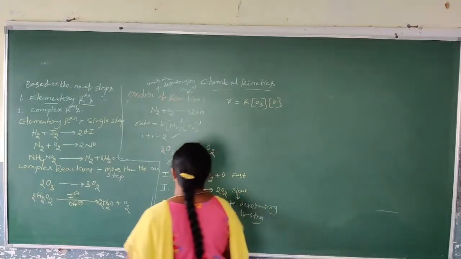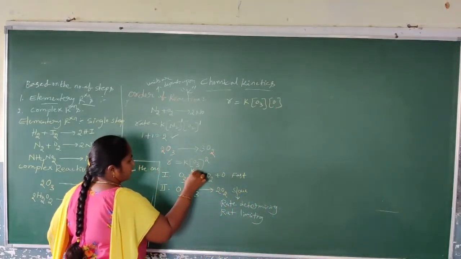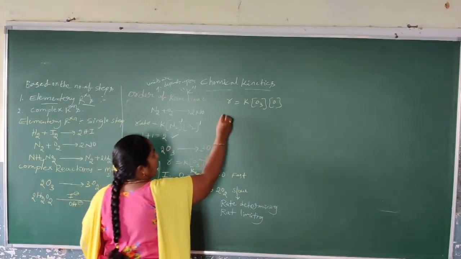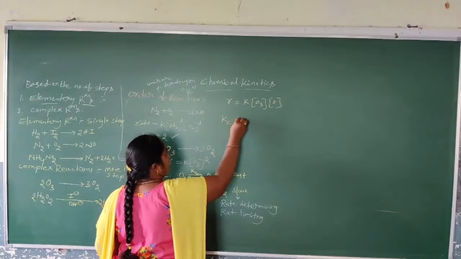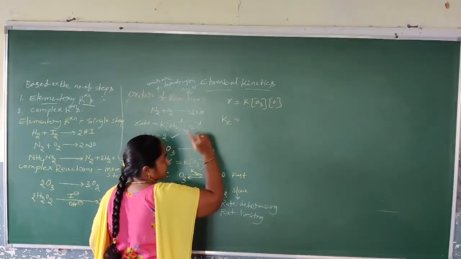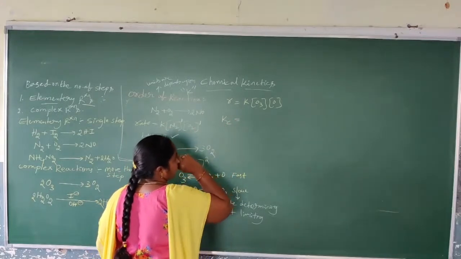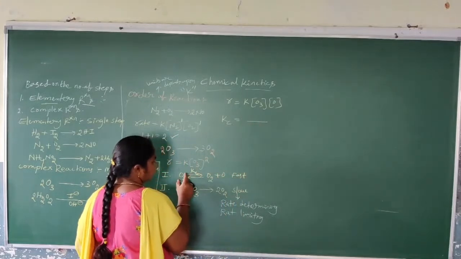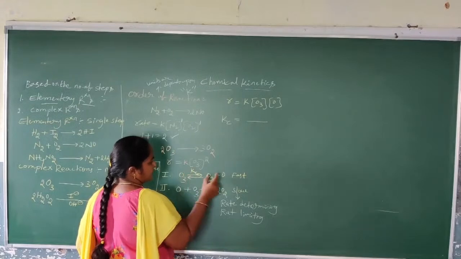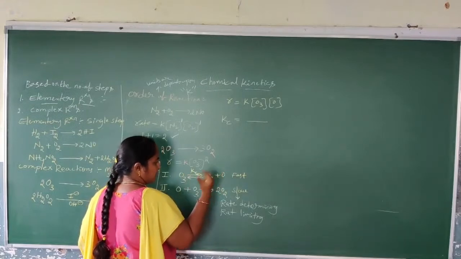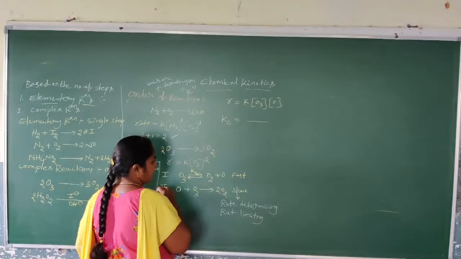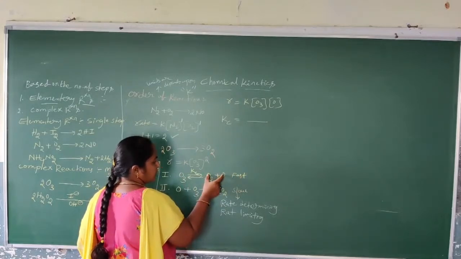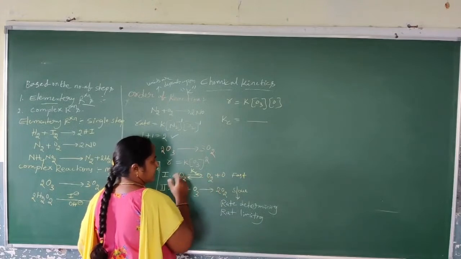The fast reaction is a reversible reaction. For a reversible reaction, we take the equilibrium constant, Kc. We already learned this in the first year. Kc is equal to the product of the product concentrations divided by the product of the reactant concentrations. In the fast reaction, O2 and oxygen are the products, O3 is the reactant.